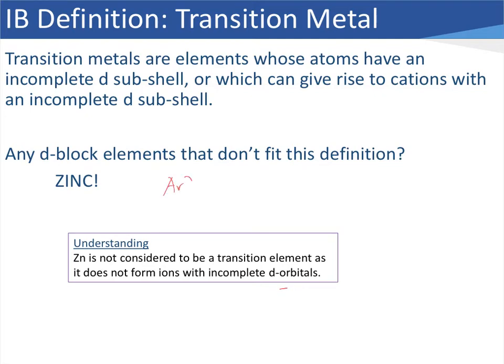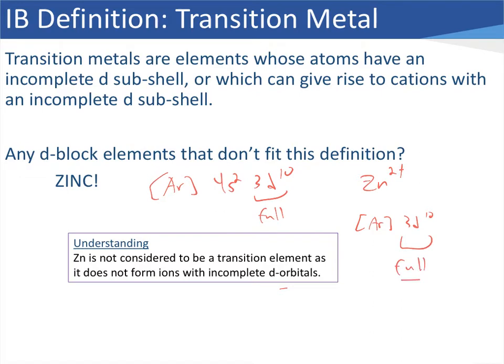Zinc is argon 4s2 3d10, and so this is full. The D shell is full. When it forms an ion, it tends to form the 2 plus ion, so that means it is argon 3d10, so the D subshell is still full. So zinc is not considered a transition element.